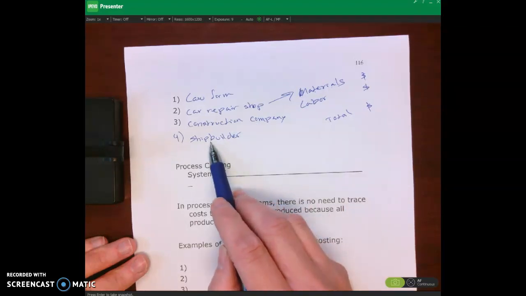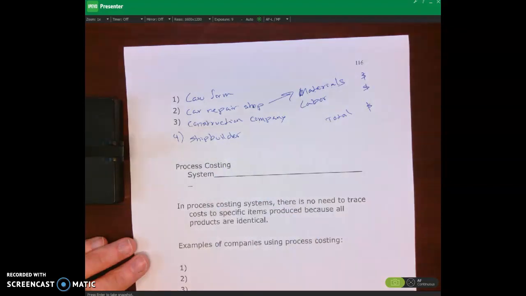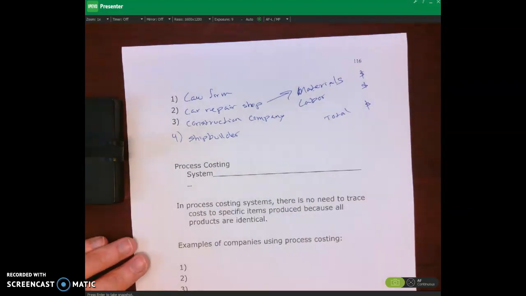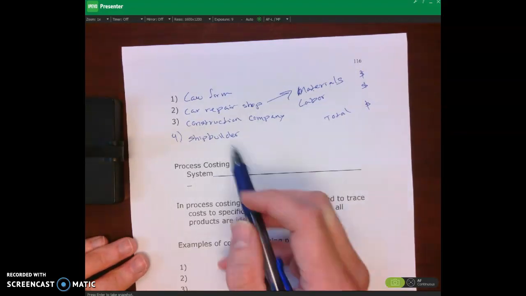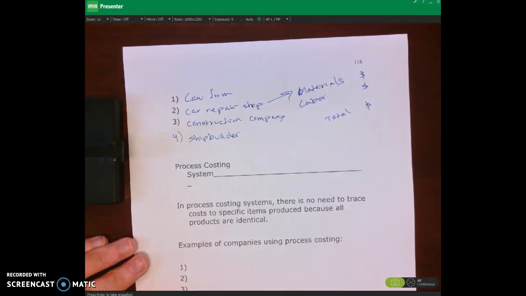If you're talking about shipbuilders, if you're from the Norfolk area, or my mom used to say, because she's from Norfolk, you have the big shipbuilders that build the Navy ships down there. How do they track the costs? By building whatever aircraft carrier they're making.